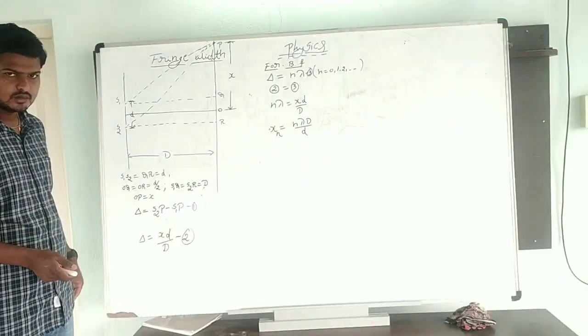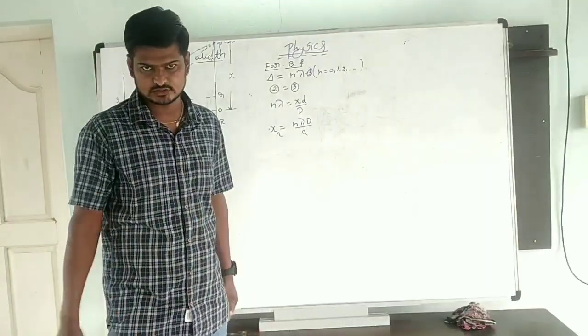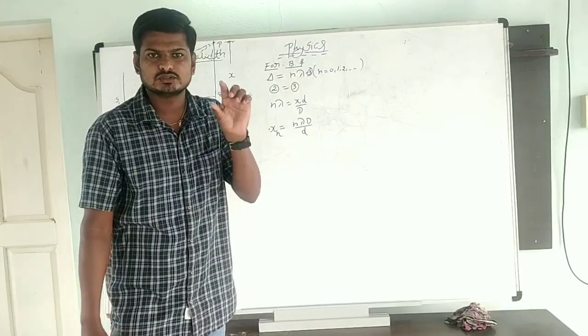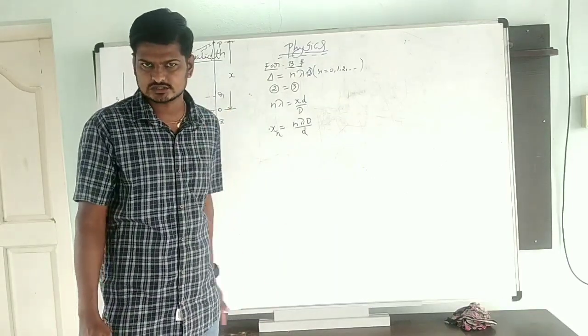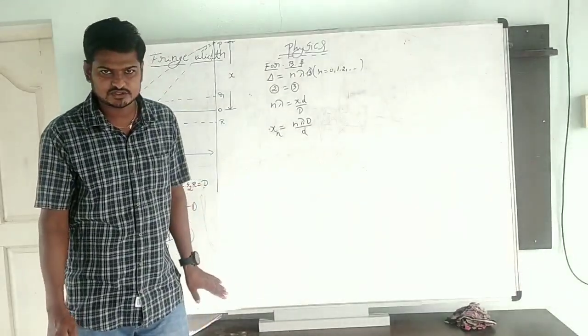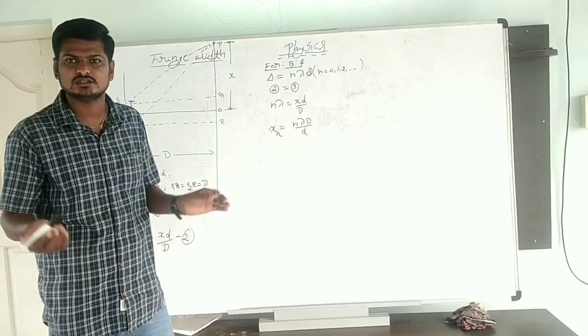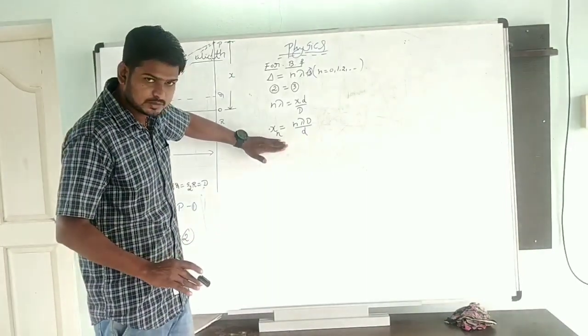Now, fringe width means what? The distance between two successive bright fringes or two successive dark fringes. First I will go for the bright fringe, next I will take the dark fringe also. This is for the nth bright fringe.